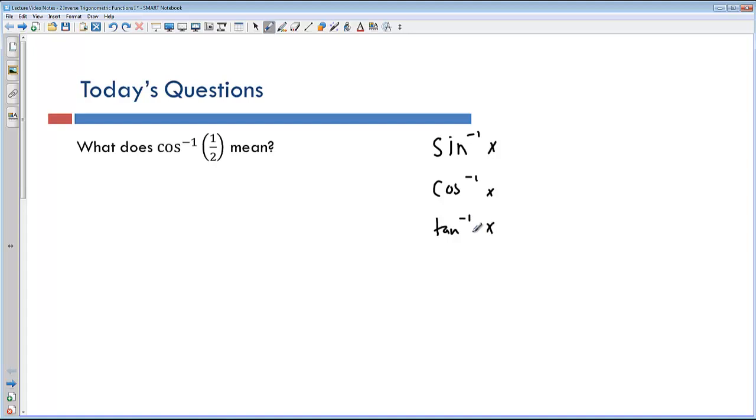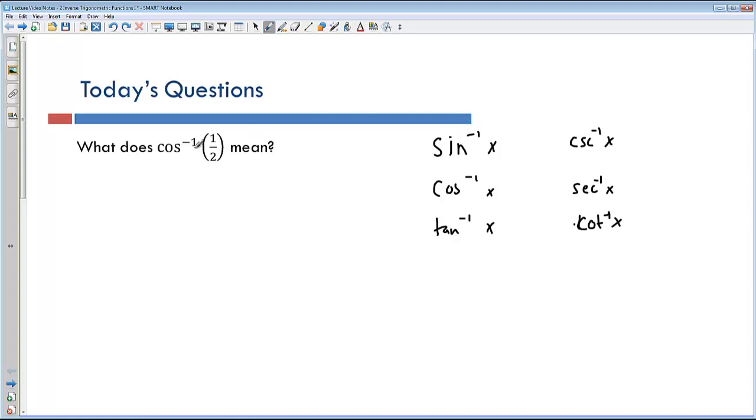And of course they have partners: the partner to sine is cosecant, so there's cosecant inverse of x, and then secant inverse of x, and cotan inverse of x. So these are thought of as the inverse trigonometric expressions.